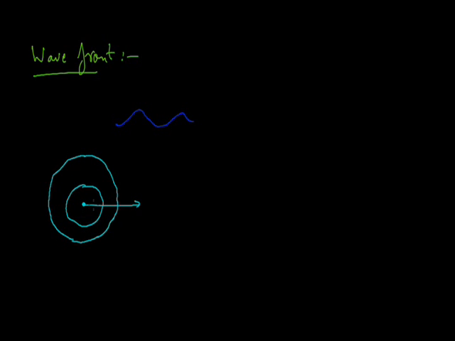The wave is traveling in all directions like this. All points on these waves are oscillating in the same phase because they are at the same distance from the source, and this set of points oscillating in the same phase is called the wavefront.